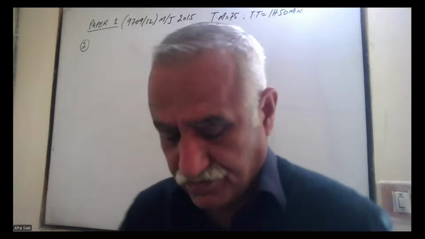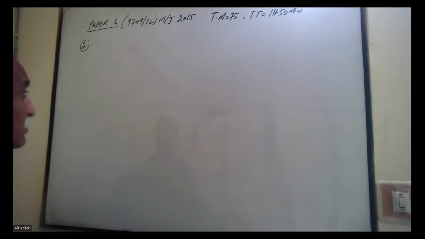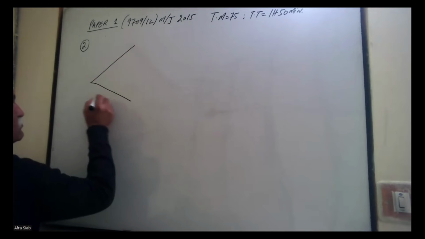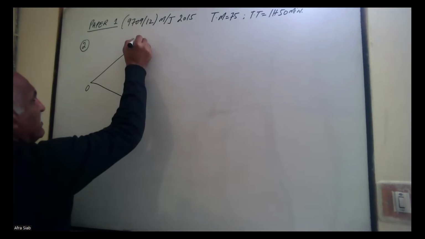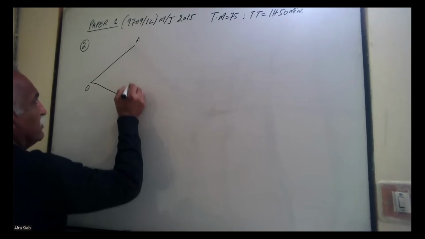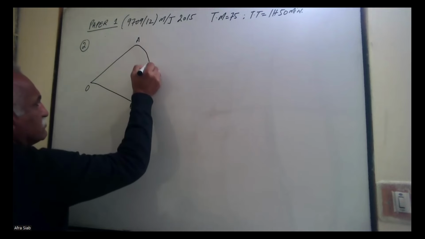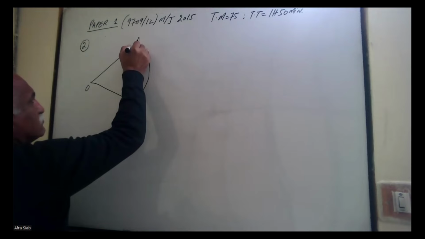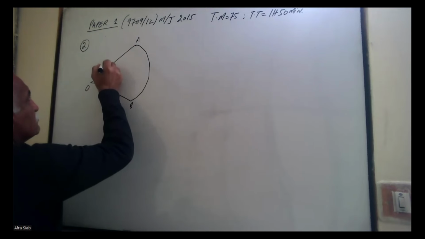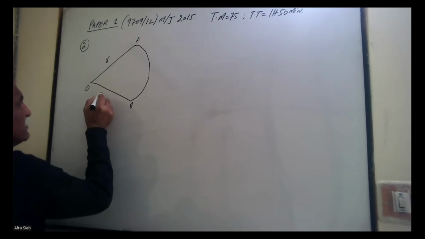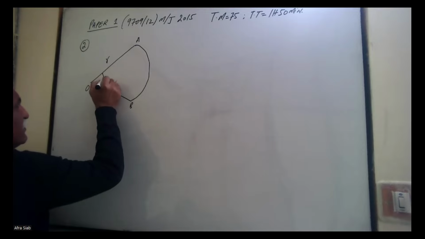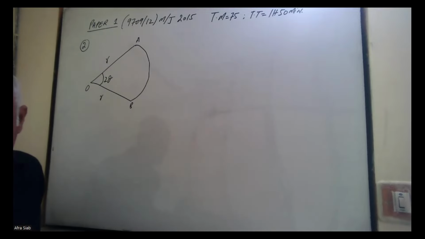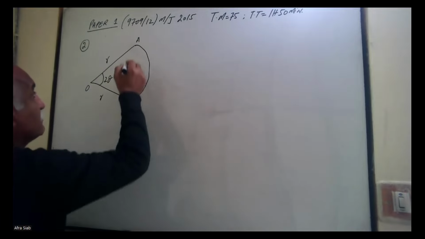So they have mentioned this shape, O A B, where this is radius R, this is radius R. They have given that the angle is equal to 2 theta radians.